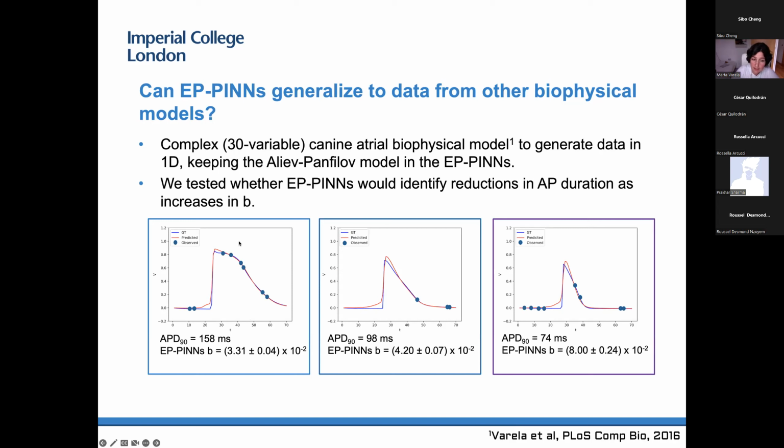And then we fitted it with the PINNs to see if it could pick up these changes by changing the value of B. So a shorter action potential, as you see here, 158, 98, 74, corresponds to an increase in B, which the network duly captured. And it was able to fit the action potential morphology quite well, except this bit here, we made it smoother than the actual model contemplated, although again, the data it saw was very sparse and is represented by these circles here.